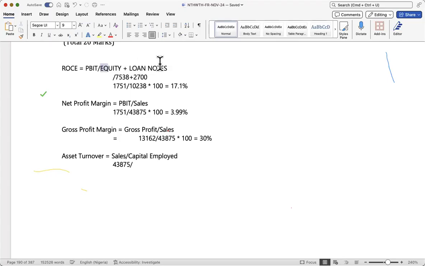The capital employed you use in ROCE is always the capital employed you will use here too. I've told you that already. So the addition we got is 10,238. So that's how many times? 4.3 times.